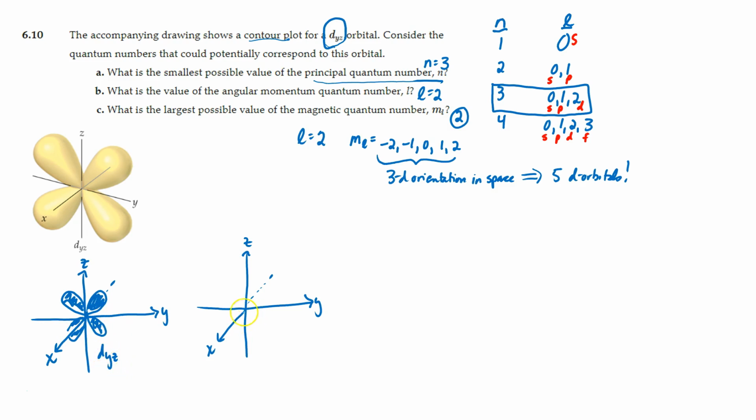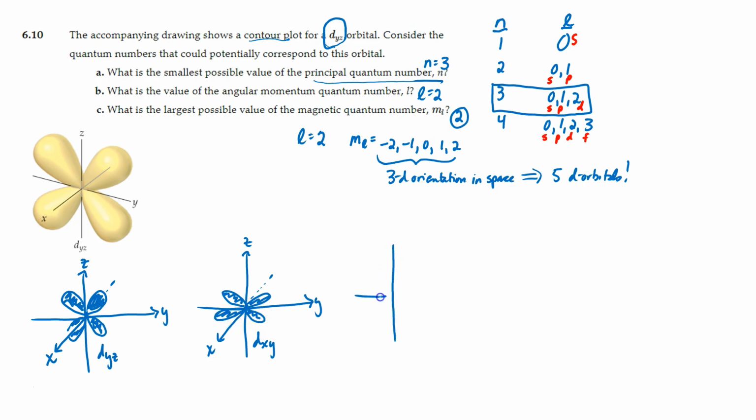But couldn't we also have one that's kind of parallel to the floor but perpendicular to the screen? That would be in the xy plane. So this would be a dxy orbital. Again, this is an orbital that's parallel to the floor in the xy plane.